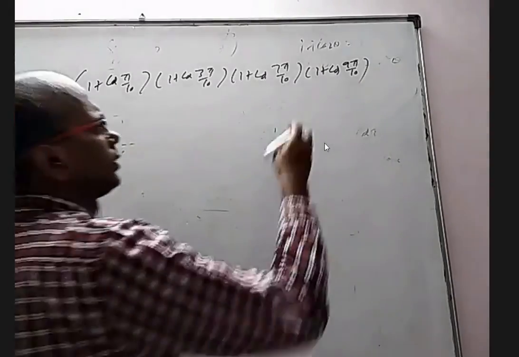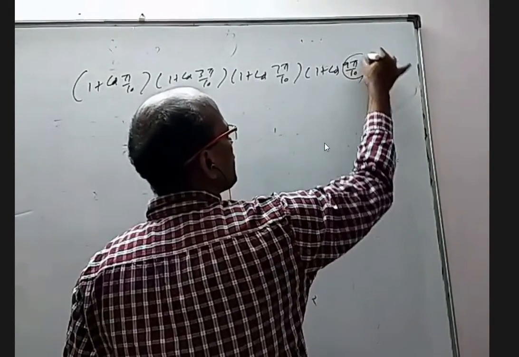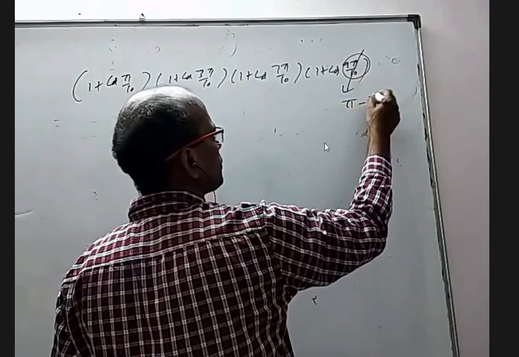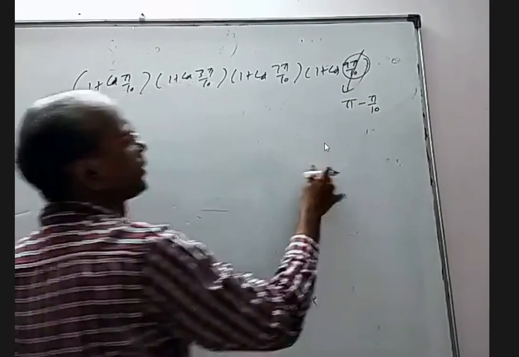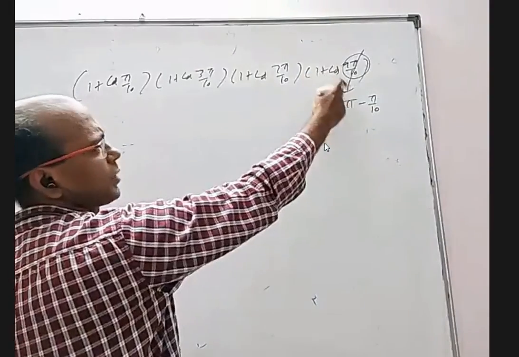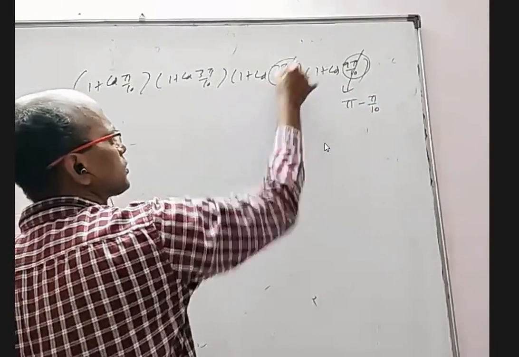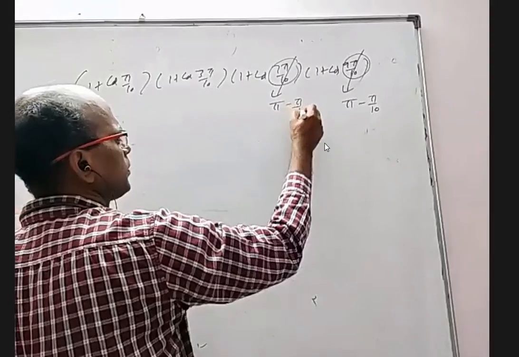Okay. This 9 pi by 10, I want to write pi minus pi by 10. This angle plus this angle is pi. Similarly, this plus this is pi. So this you can write pi minus pi by 10.